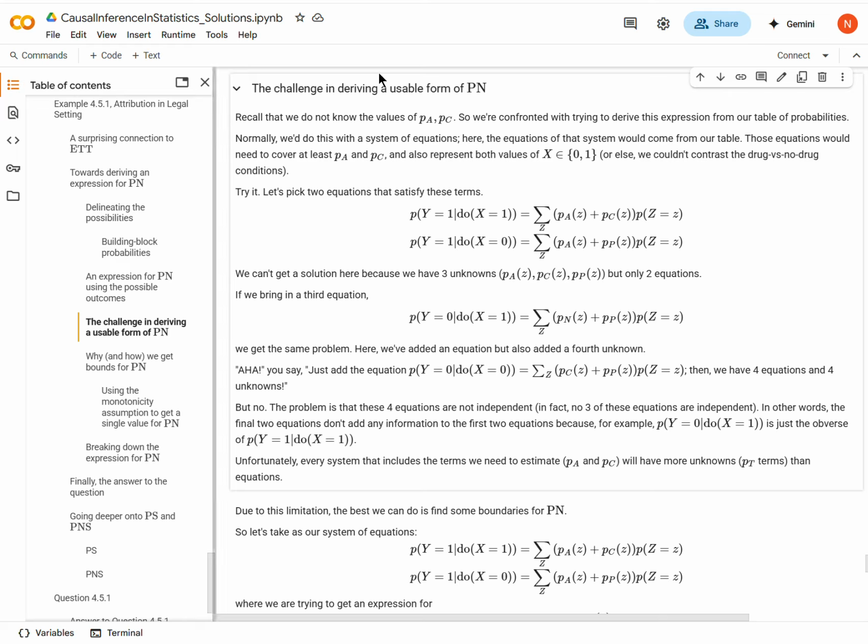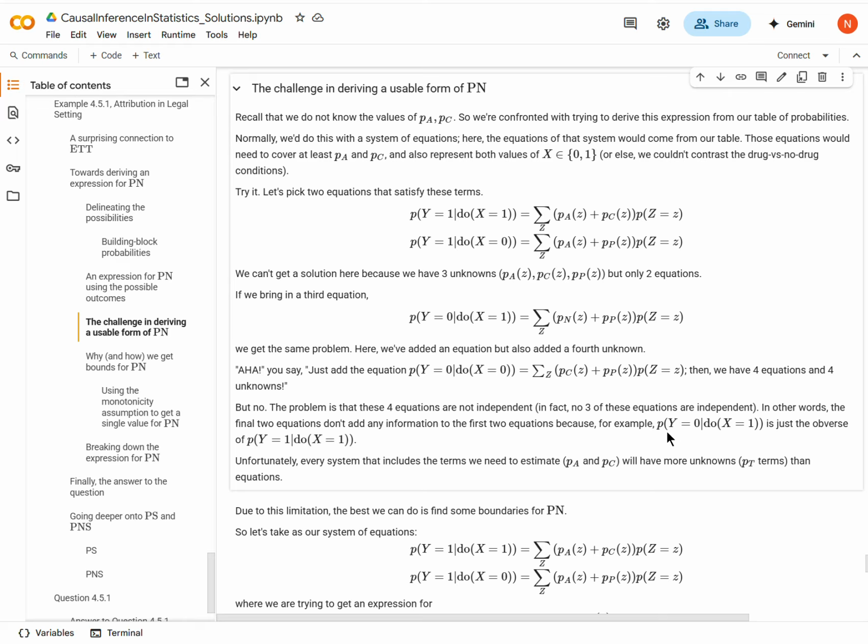But unfortunately, it's not that easy. Why isn't it that easy? It's because no 3 equations are independent of one another. Okay, so this is by virtue of the fact that our outcome here is binary. Our drug is binary. We take it or we don't take it. So if we are using the probability of y equals 0 given do x equals 1, well, this is just 1 minus another expression here.